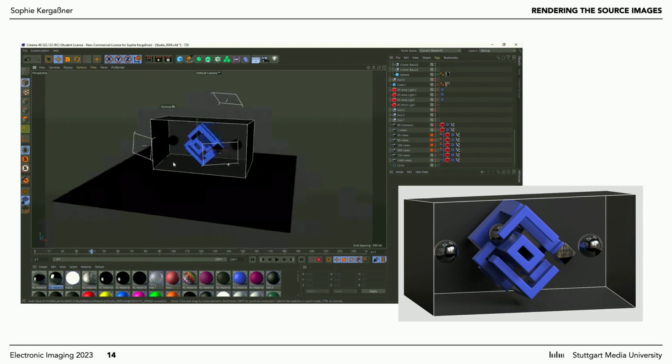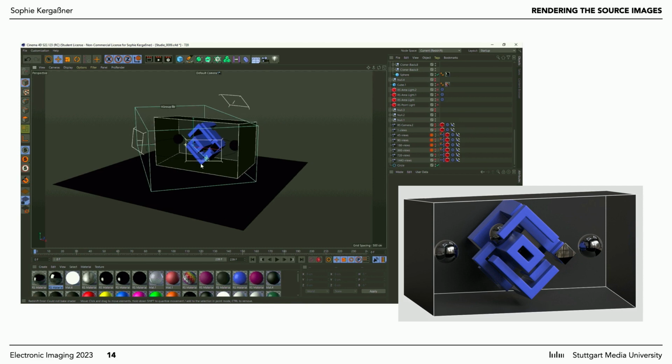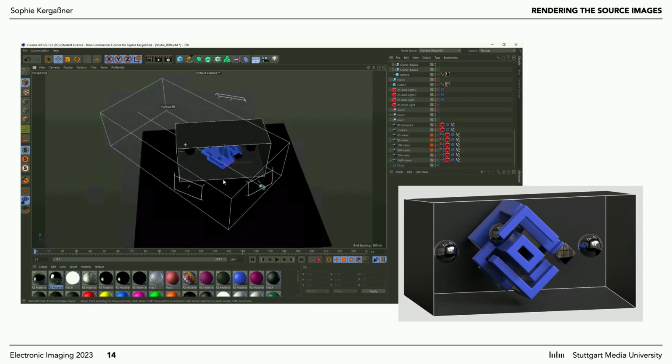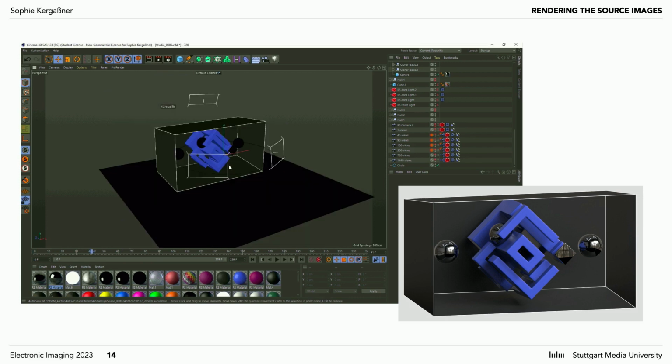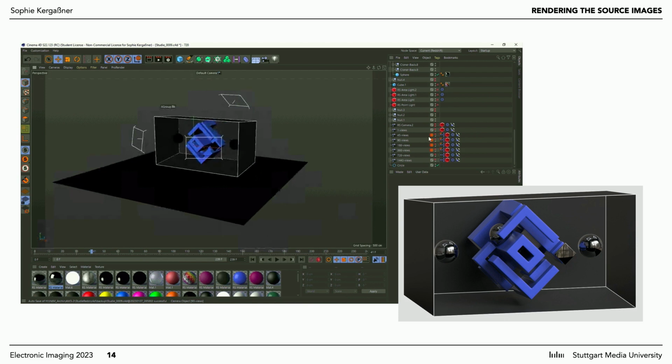In the next step, we need to render the source images in Cinema 4D, just as I said, because we don't want them to be just solid colors. The stimuli show a minimalistic object consisting of basic geometric shapes that are interwoven so that occlusions occur. Moreover, it is shifted by 45 degrees to provoke lots of diagonal lines, since these diagonal lines are very visible in the vertical stripy artifacts I just explained at the beginning.